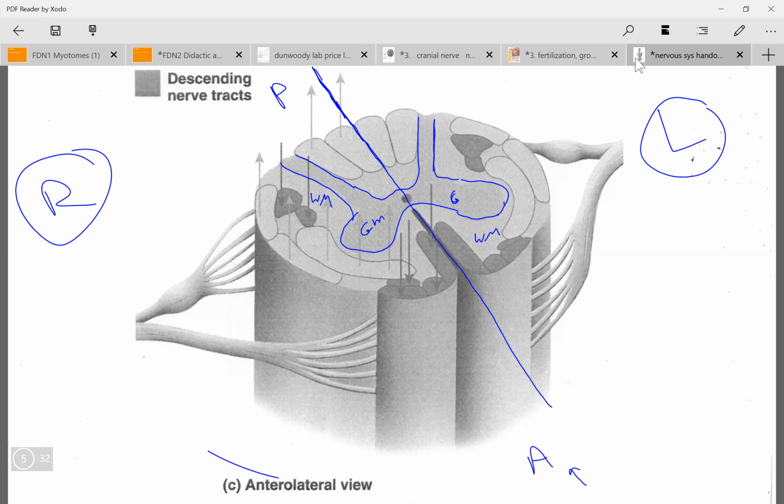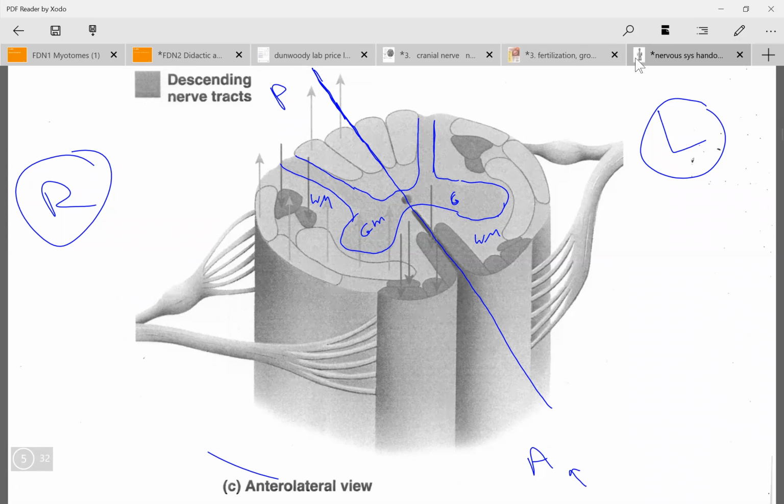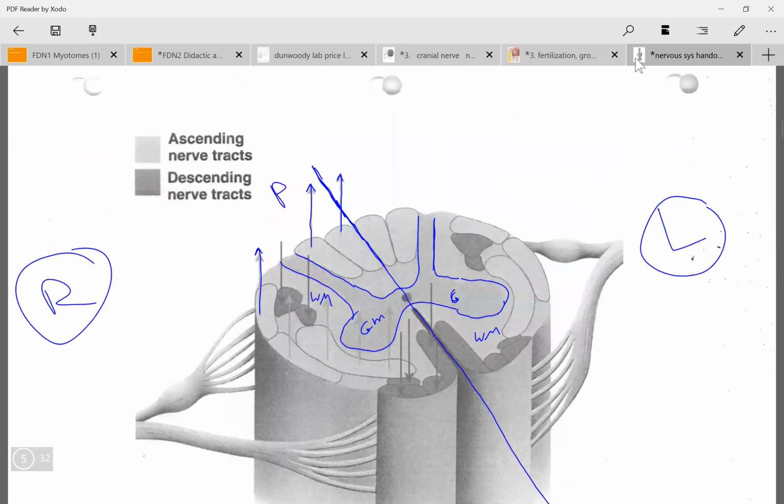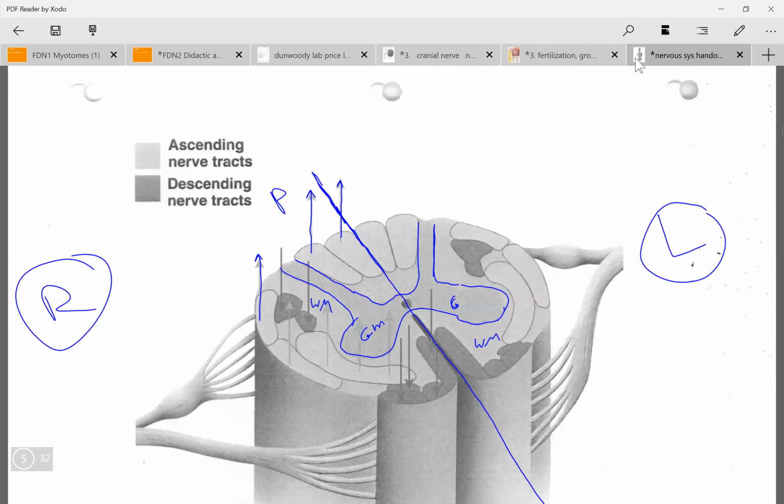Okay, some other anatomy parts of this. First of all, you have the ascending tracts. So they're going up. Okay, so ascending, right? The ascending tracts. You can also say afferent, which is also sensory, right?